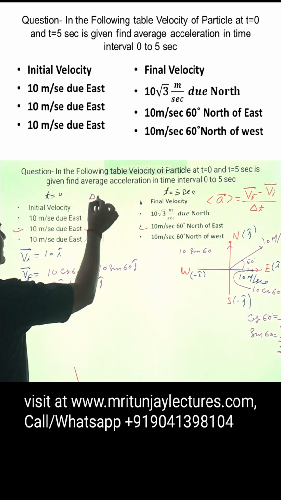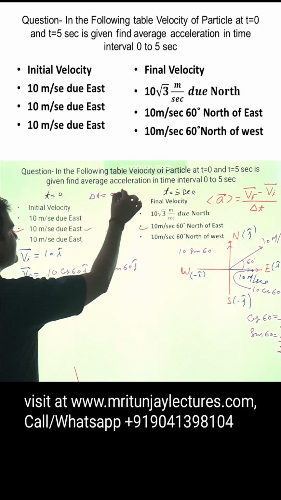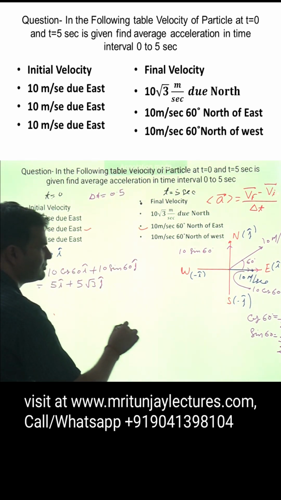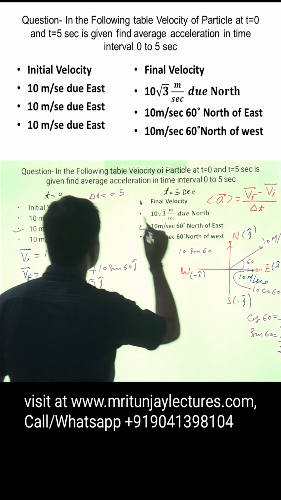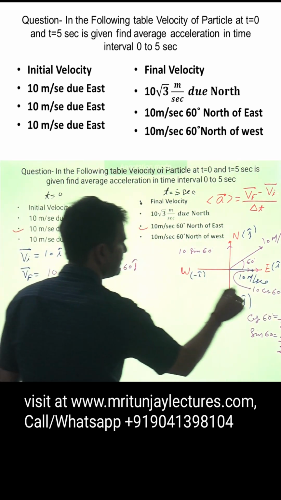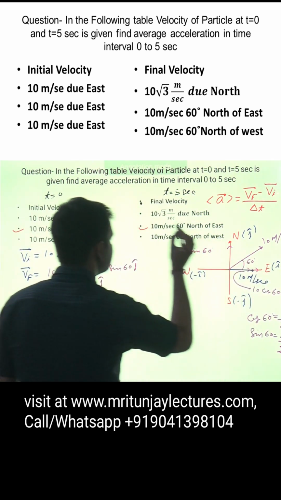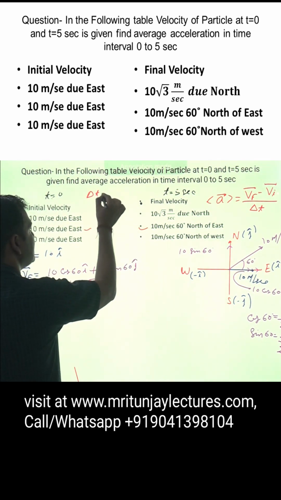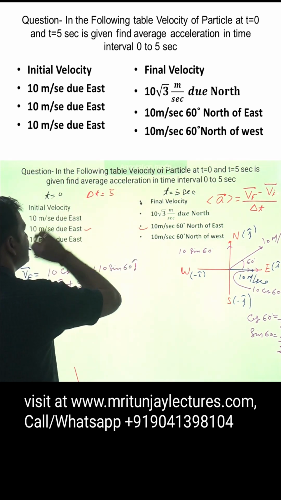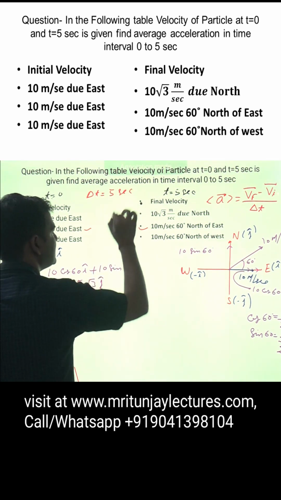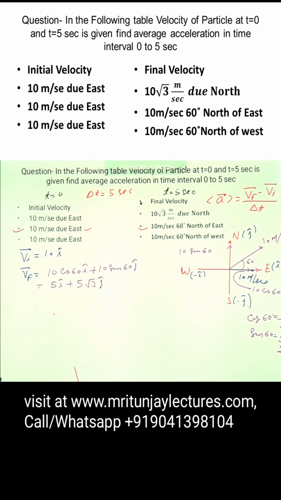What about delta t? Delta t is 5 seconds, simply 5. That one is delta t, that is 5 minus 0, that is 5 seconds.